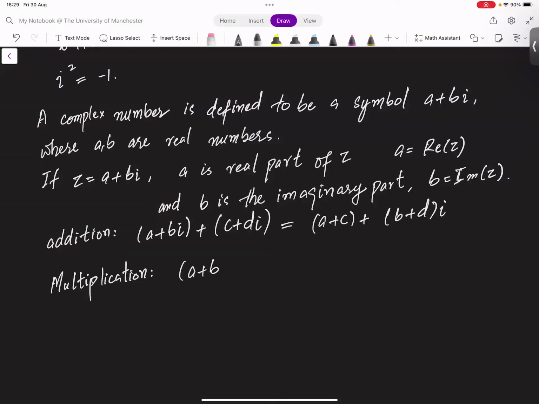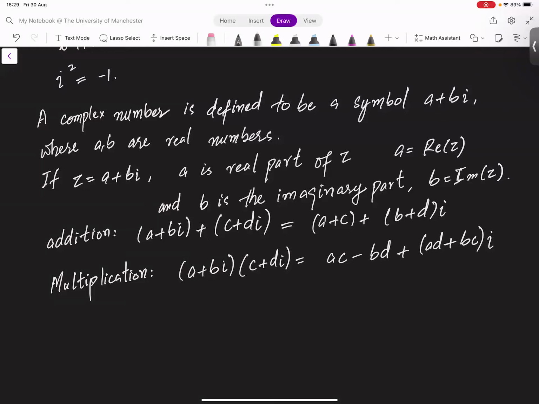We can multiply two complex numbers as follows: ac minus bd plus (ad plus bc) iota. If you multiply these two brackets, you will get this kind of thing. So we can use this formula to multiply the complex numbers.